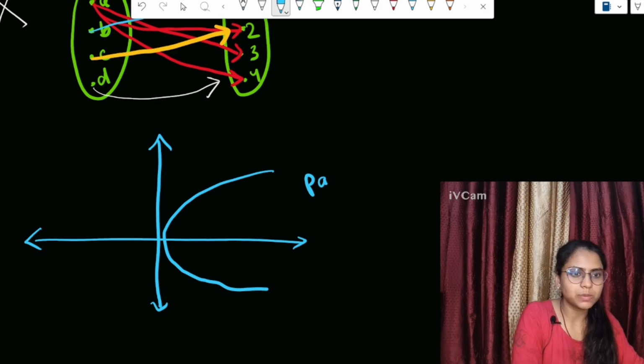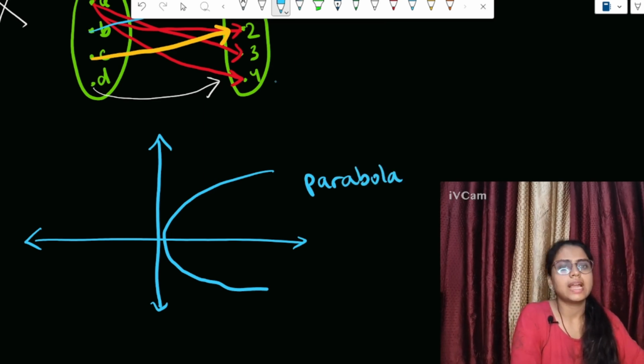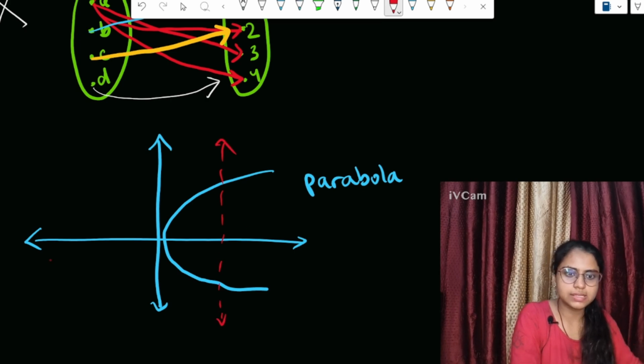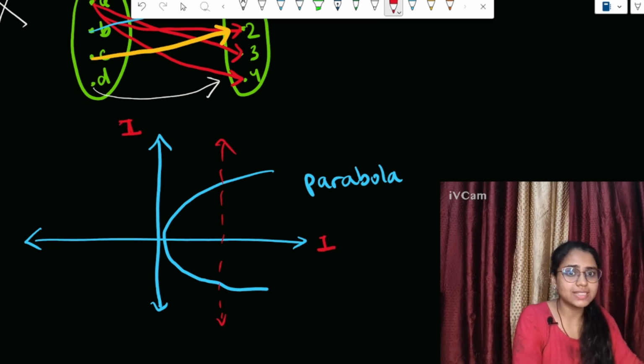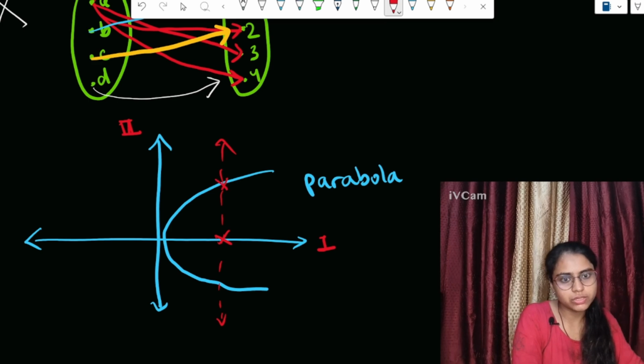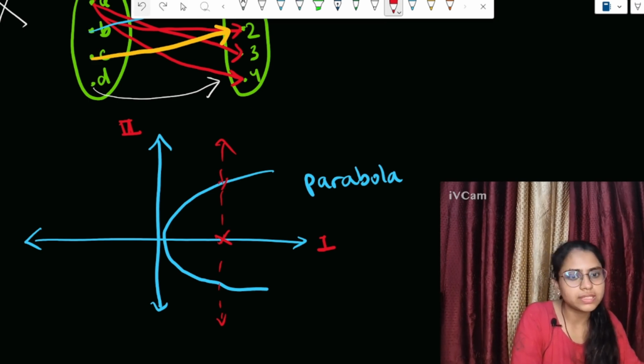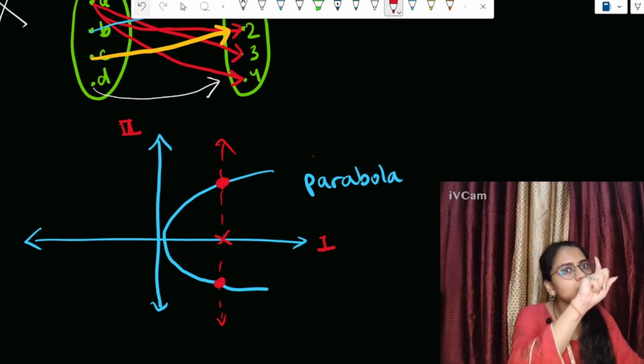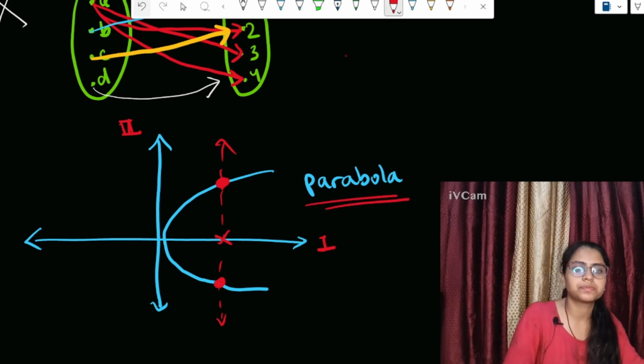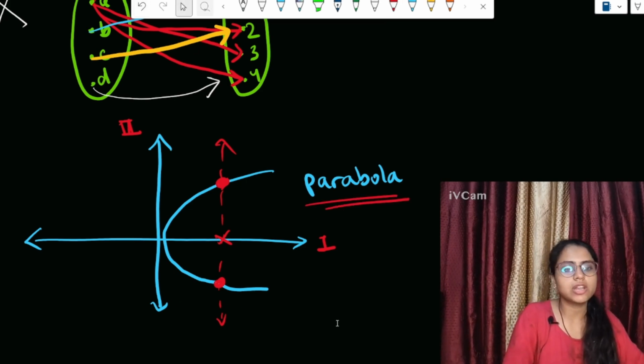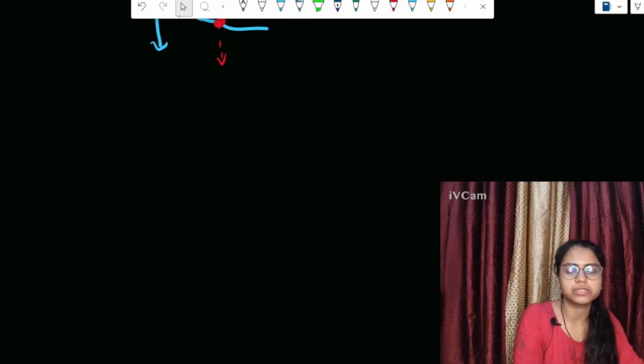You know this curve, this is your parabola. And now if I do the vertical line test for this parabola, you can say if this x-axis is your first set and y-axis is your second set, right? So at this spot, it is getting mapped to 2 points, right? This one, and that's not permissible. Okay. But whereas if the parabola is along y-axis, then it's a function.